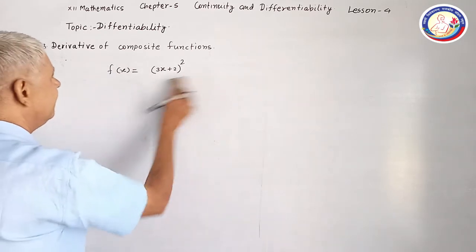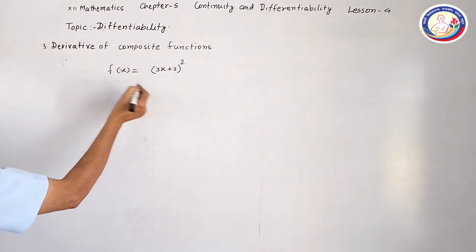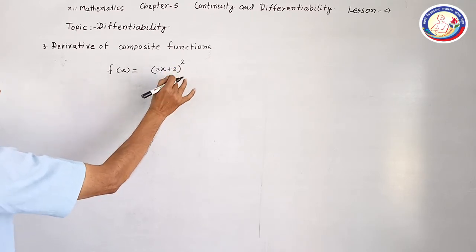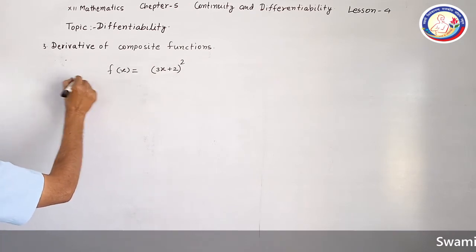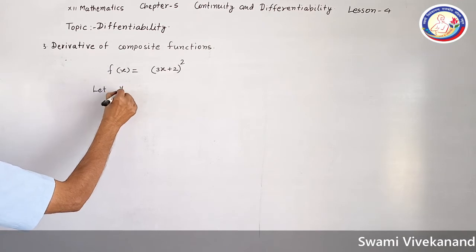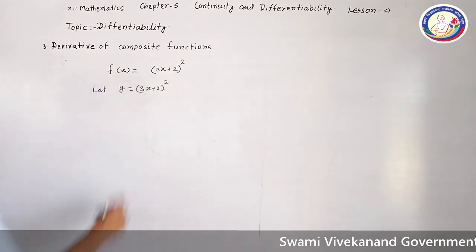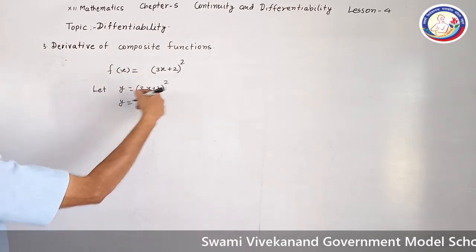Now, if we want to find the derivative of this, we can find it in the way I am following here. Let y equal to (3x plus 2) whole square. Now, what will be y?